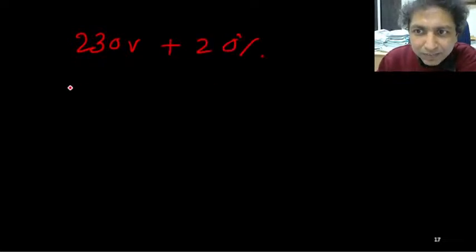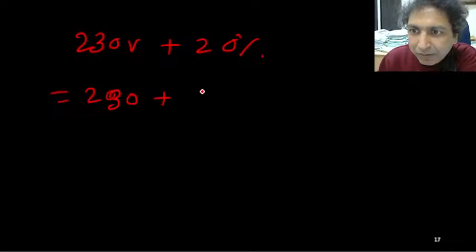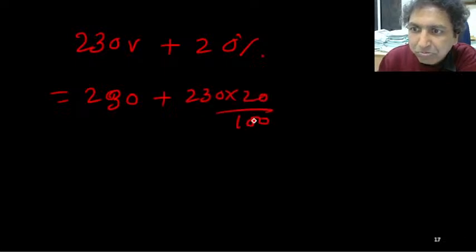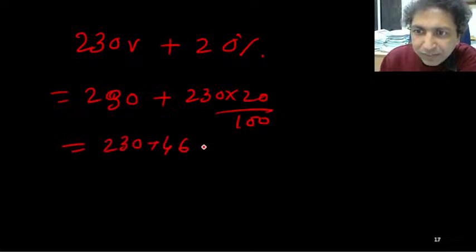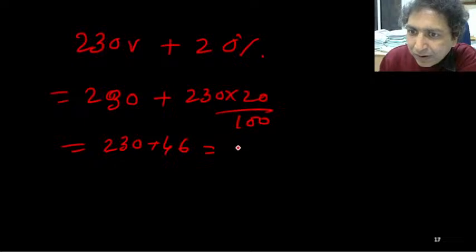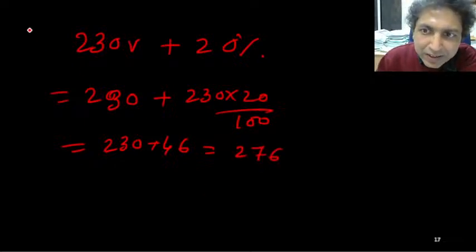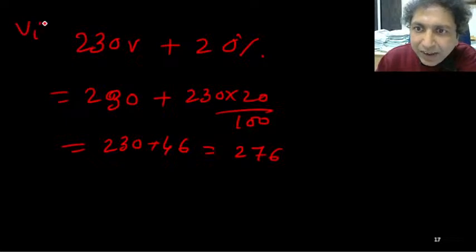How much is it? 230 plus 20% of 230, I think it is 46. So it is 230 plus 46, it could be 276. Remember, this is the RMS value of the input voltage.